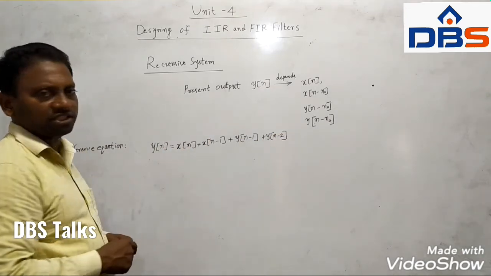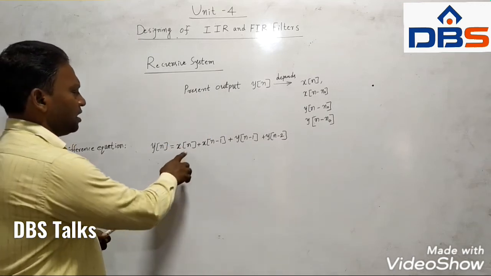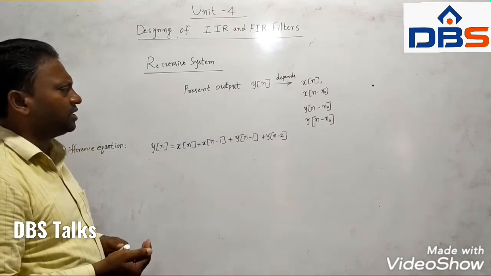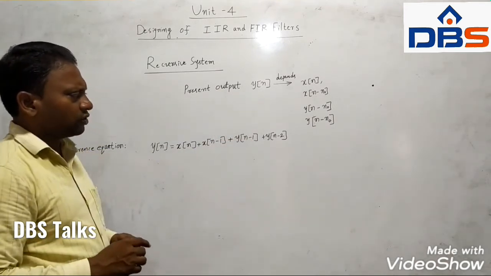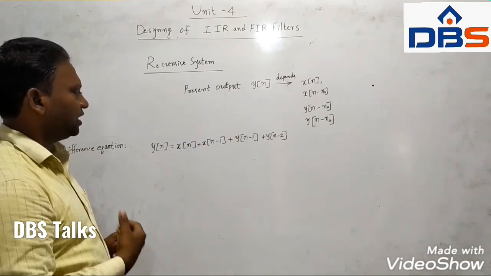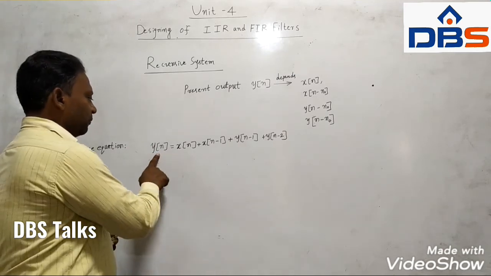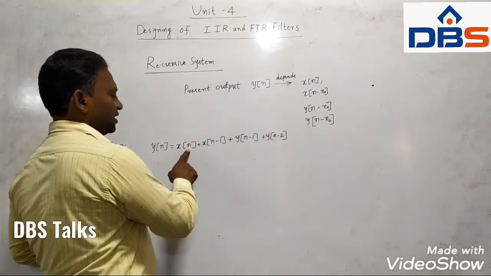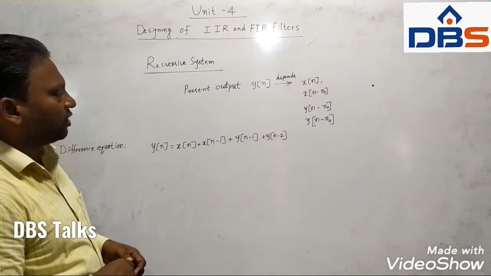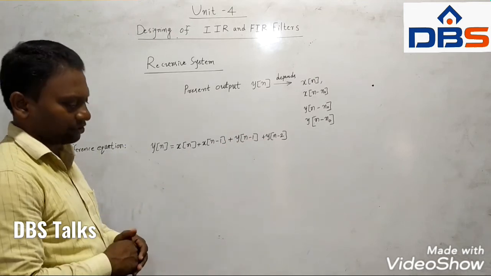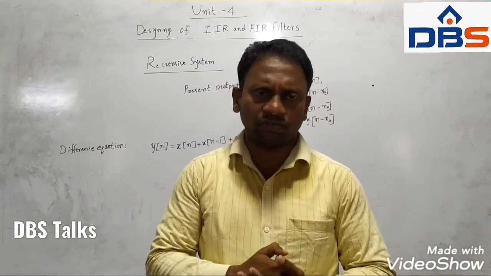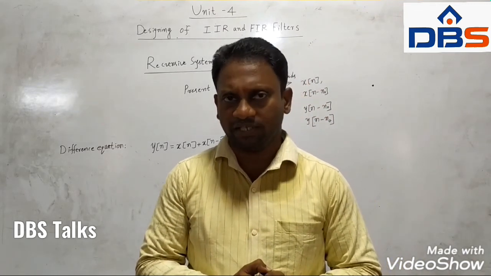The additional term here is past output. Past output means we have to take the output and connect it to the input. That is the meaning of: if the present output y of n depends on the present inputs, past inputs and past outputs, then we say that it is a recursive system. Like that we can differentiate recursive and non-recursive relations or filters.